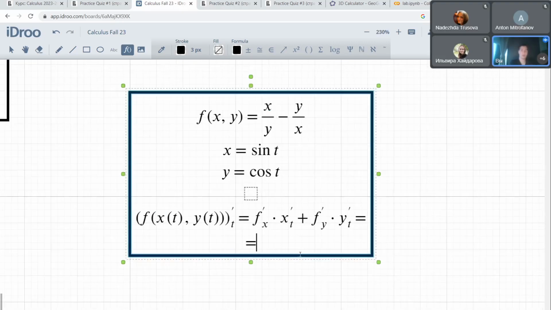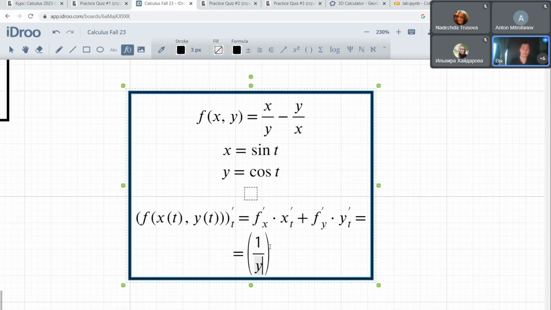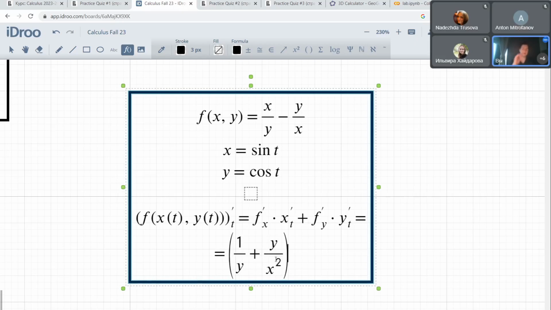So applying this rule, what do we know about this expression? What will be df over dx? We know that it will be 1 over y plus y over x squared. I hope it's okay. And we can easily compute the derivative of x over t, it will be cosine t.